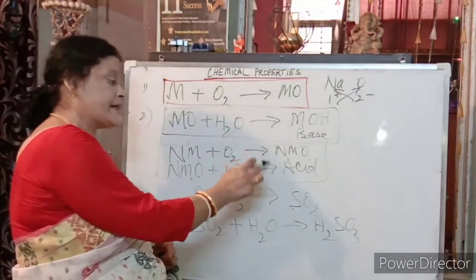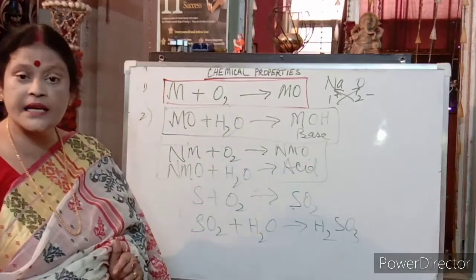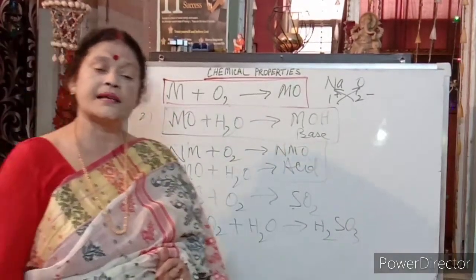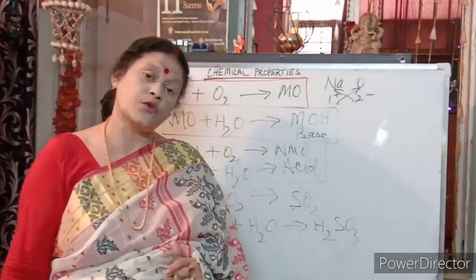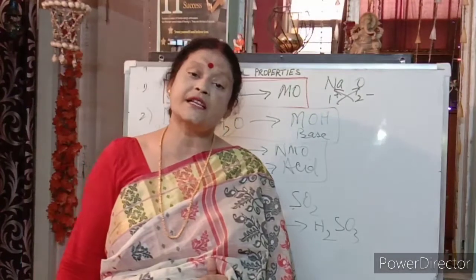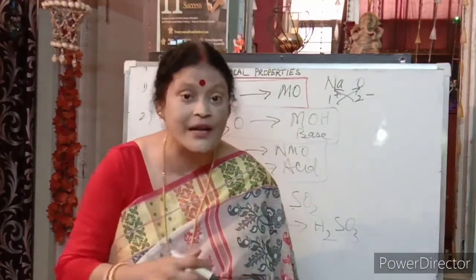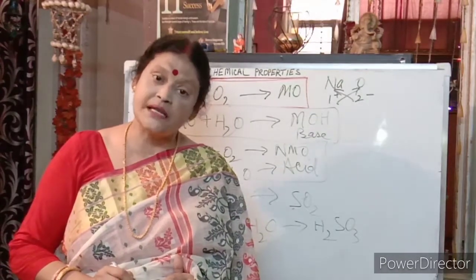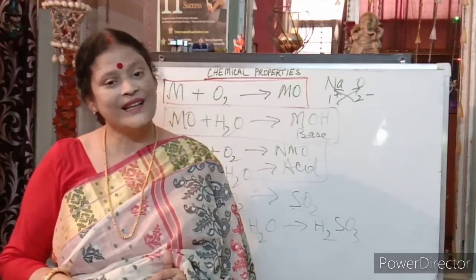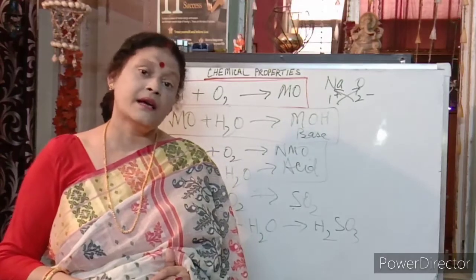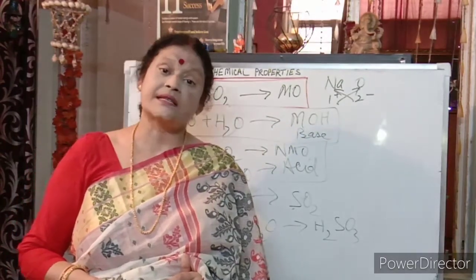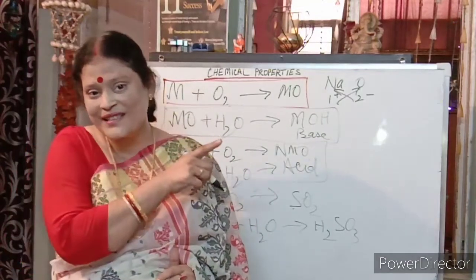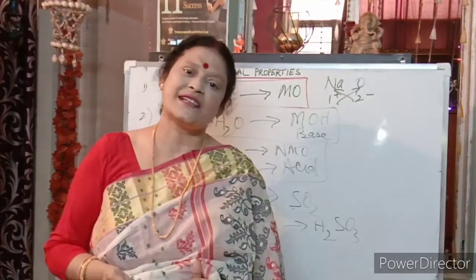So metals are always basic in nature and non-metals are acidic in nature. Suppose the question is, is aluminium oxide basic or acidic? What will you check? Aluminium is a metal, so it is basic in nature. And if I say HNO3, nitric acid, is it acidic or basic? Nitrogen is a non-metal there, so it is acidic in nature.